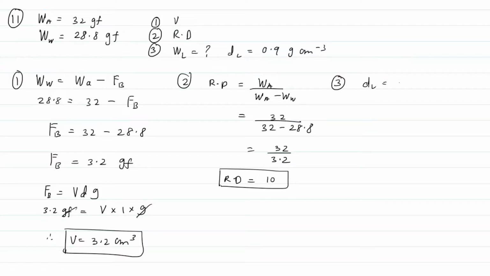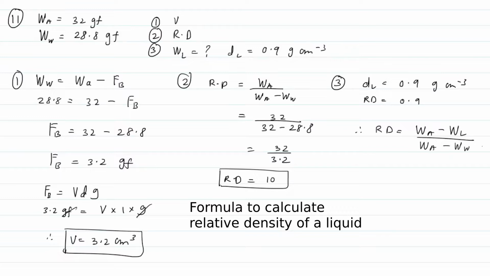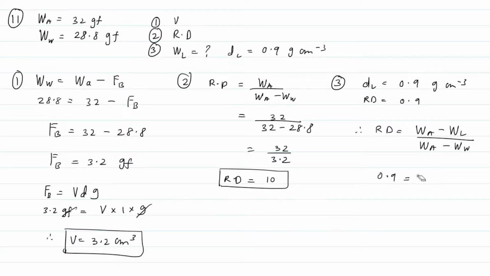Okay, then comes the next one. Now, if the liquid density is 0.9 gram per centimeter cube, relative density will be 0.9. Therefore, relative density is weight in air minus weight in liquid upon weight in air minus weight in water. So this is another formula, new one that we have studied today.